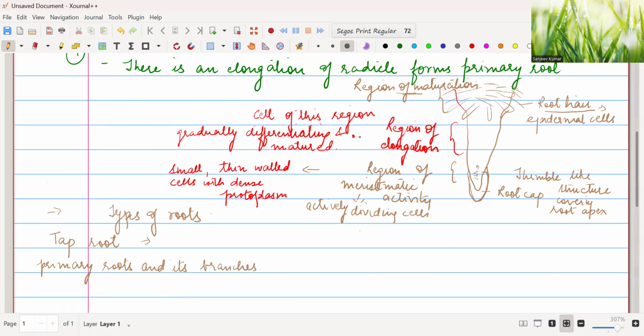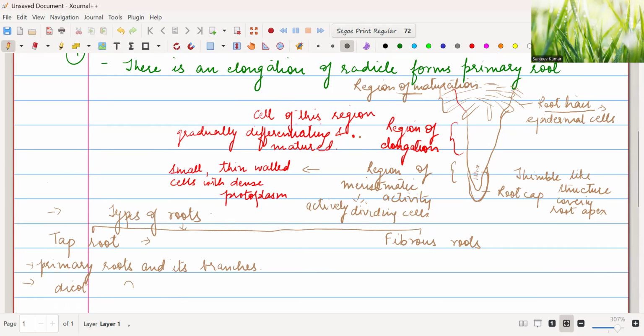And when we talk about fibrous roots, taproot is also a characteristic of the dicot plants.